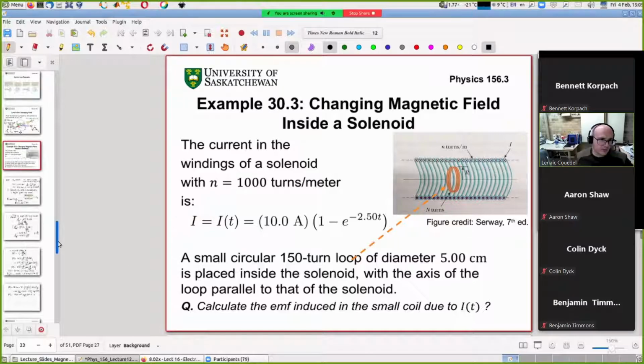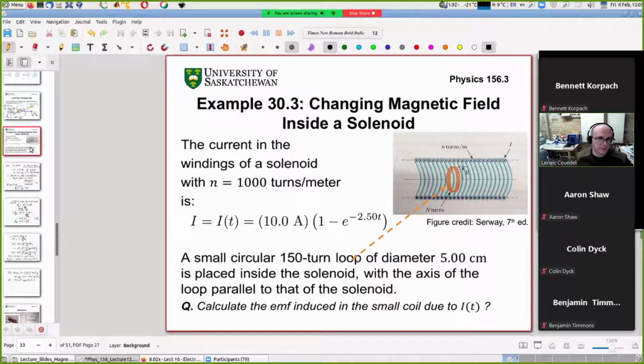So now we have the answer, but we're going to try to use Lenz's law to find the direction of the current in the loop. So we have calculated that the generated magnetic field, B, I will call S like solenoid, was in the minus I hat direction.